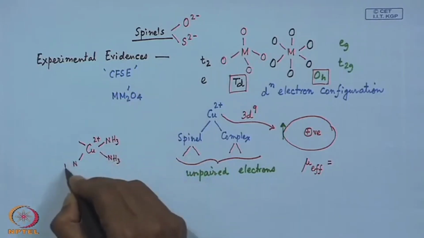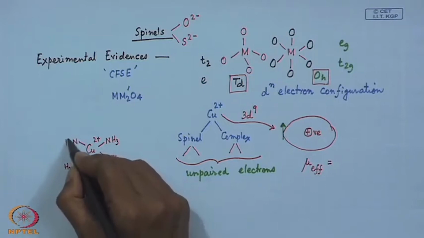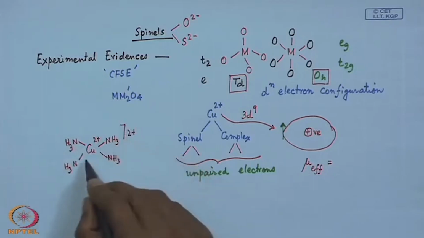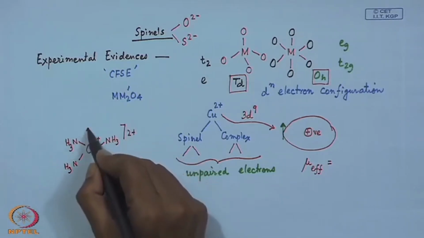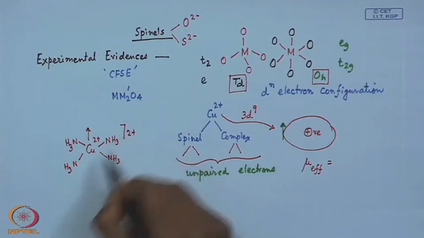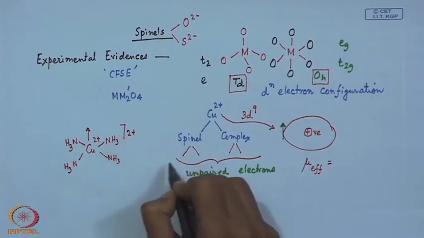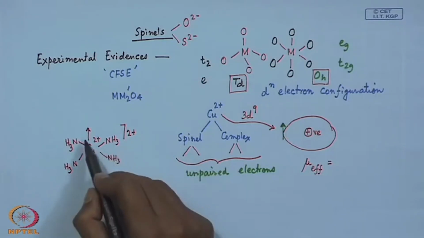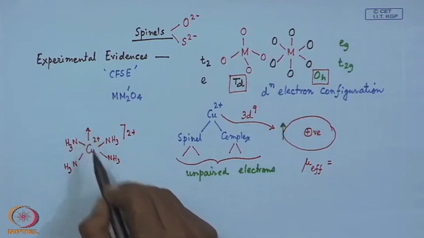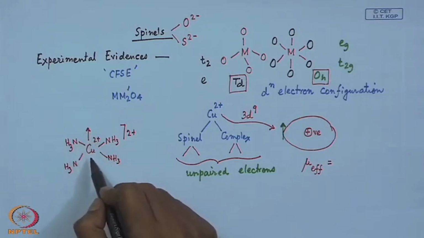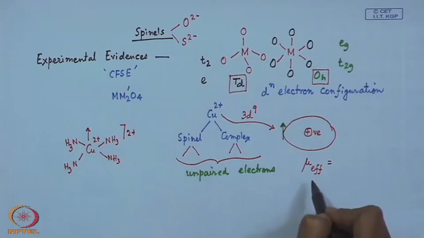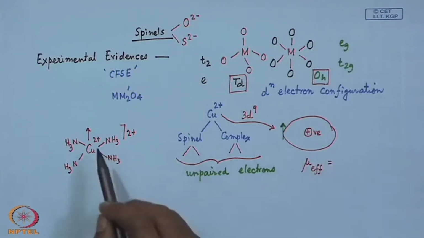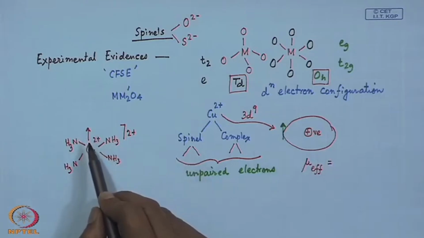So this is the corresponding geometry around the copper 2 ion in a particular complex where the individual copper centers bearing one unpaired electron are separated. That means this molecule is separated enough from the second molecule or the third molecule and so on. So this unpaired electron residing on the single copper center can give rise to a typical paramagnetic center, and it can give rise to the corresponding magnetic moment value due to the presence of one unpaired electron.